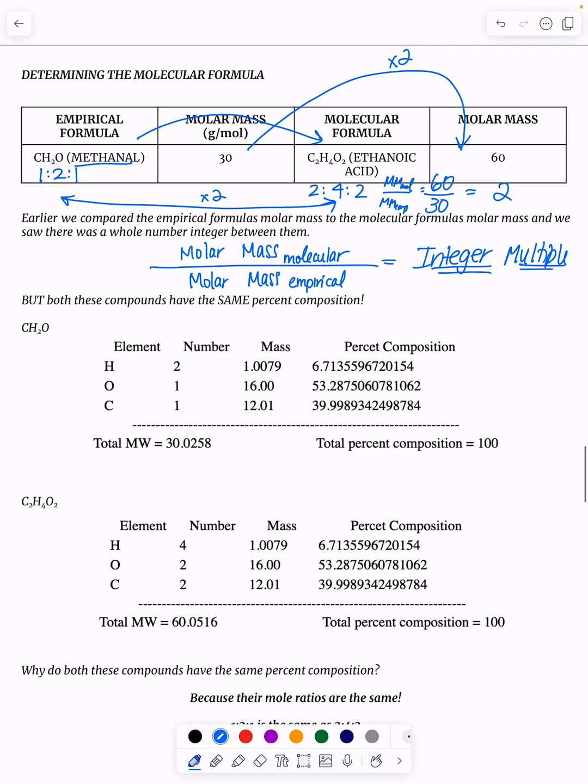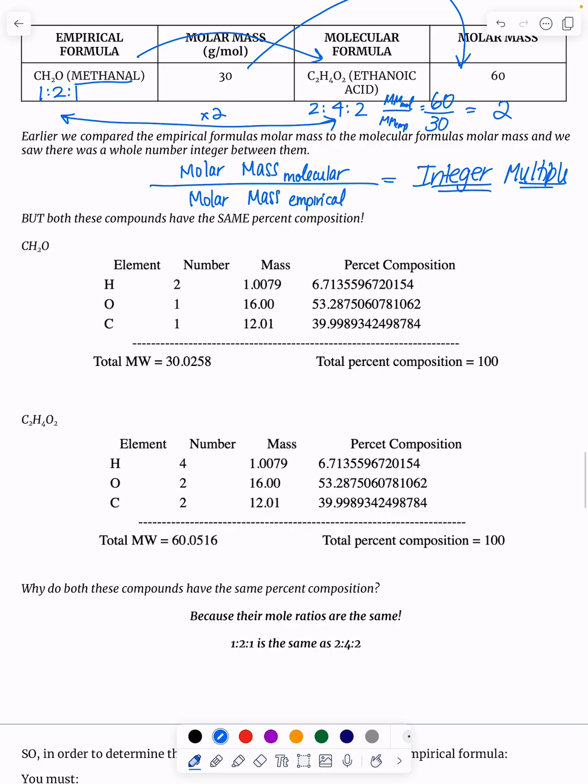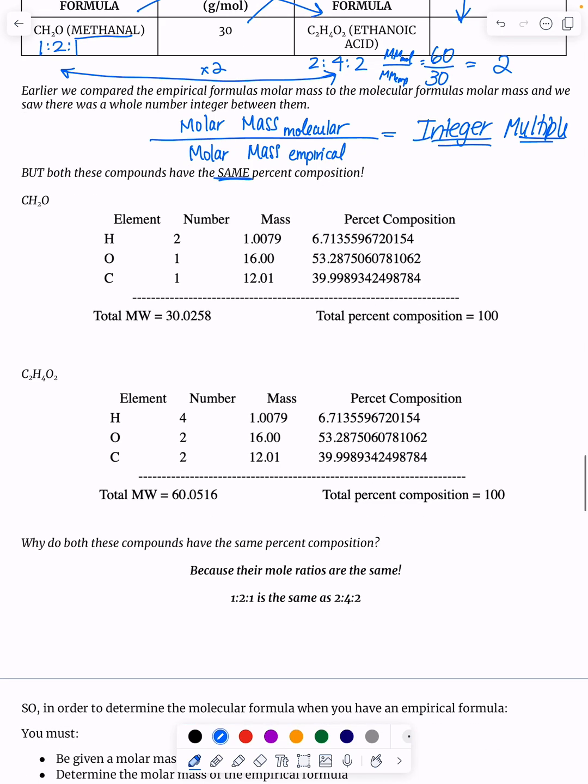Now, it may look like they're different formulas and they have different molar masses, but both these compounds have the same percent composition. Look at the calculations of the percent composition for methanal, CH2O, and ethanoic acid, C2H4O2.